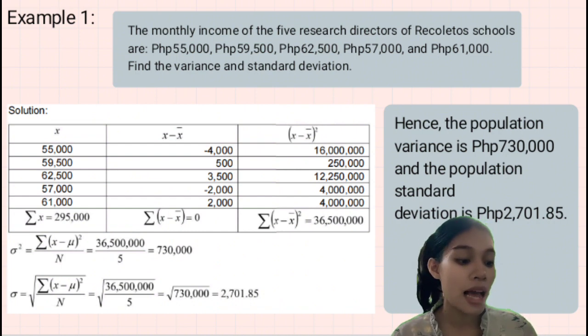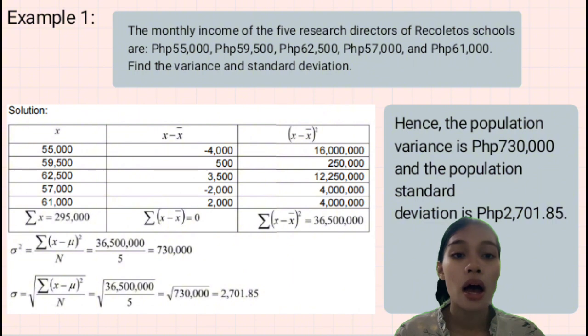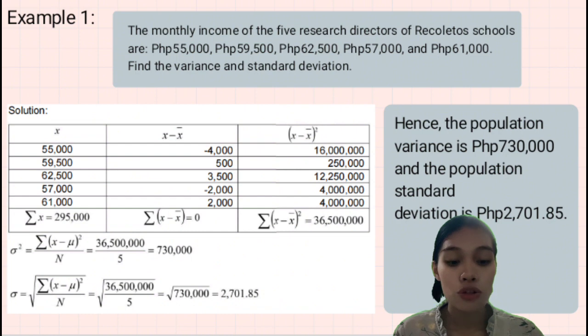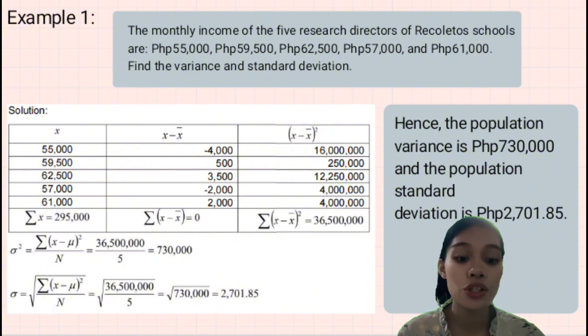For the last one, the population standard deviation, how do we compute it? We use the same result: 36,500,000 divided by 5 is 730,000, right? For the standard deviation, we get the square root.